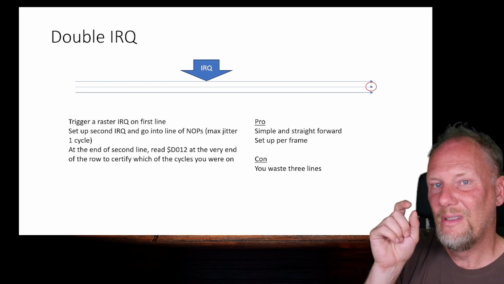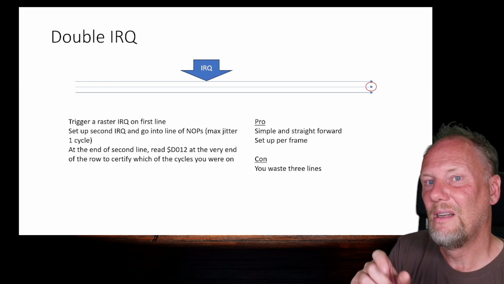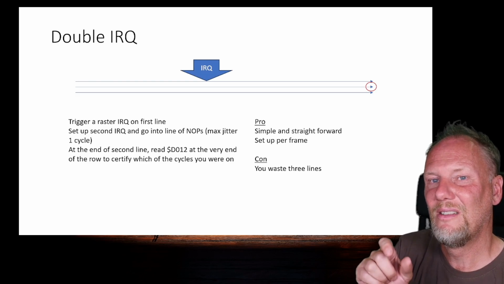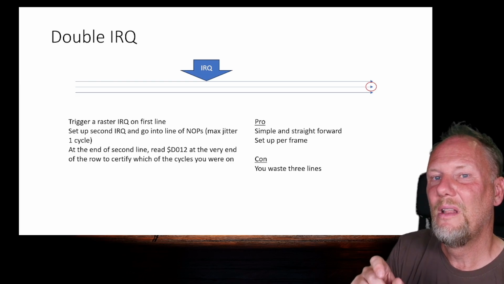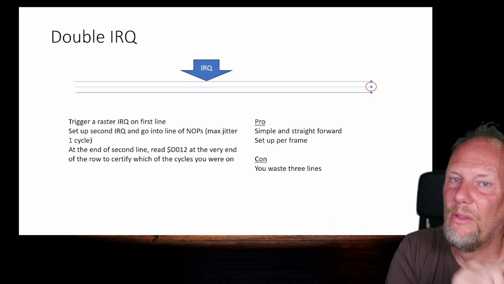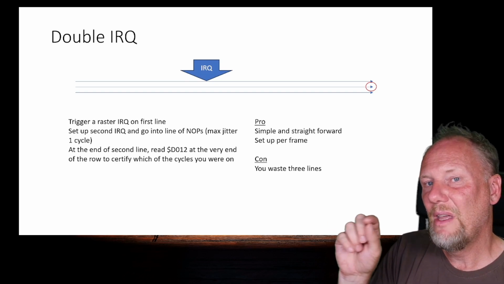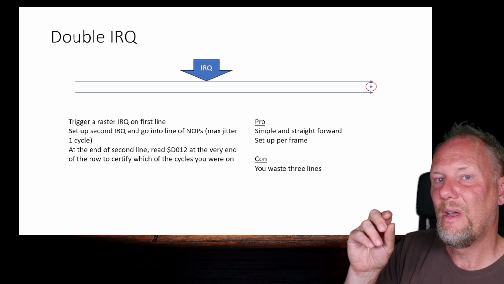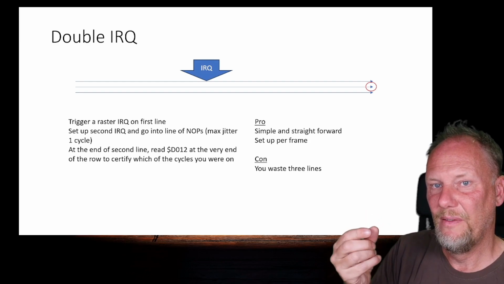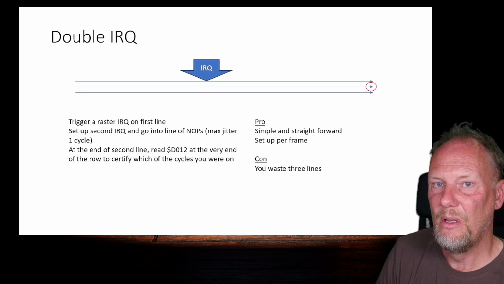If you were on the second cycle of the NOP, the CPU was on the second cycle of the NOP, then the D012, the raster line, would be on the third row rather than on the second row. And then you compensate for that 1 cycle jitter so that you are perfectly stable.